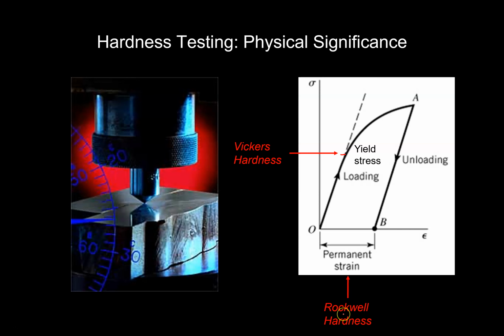As opposed to Rockwell hardness, which takes into account the elastic recovery and measures the permanent deformation or strain in the specimen after unloading. So Rockwell relates to permanent strain, and Vickers relates to the yield stress.